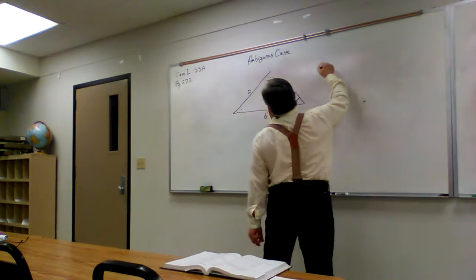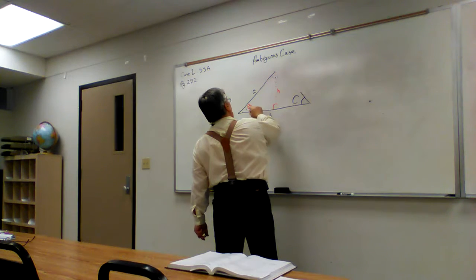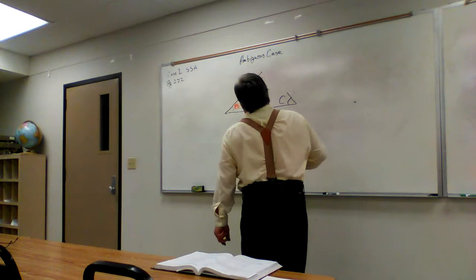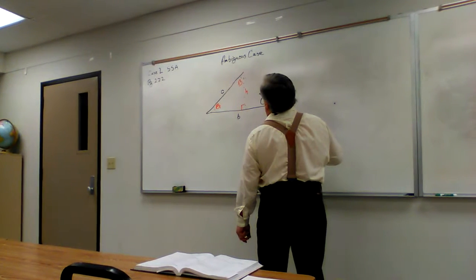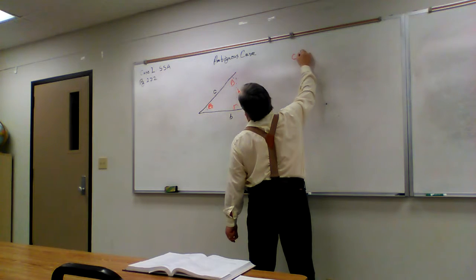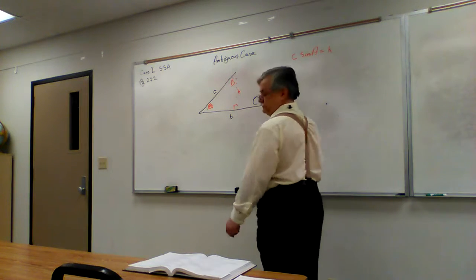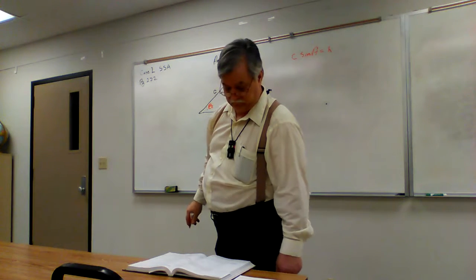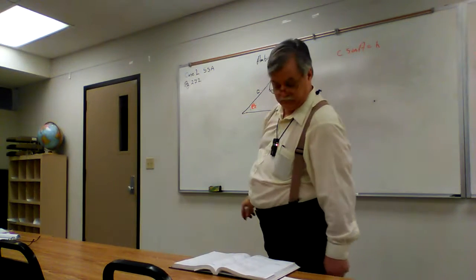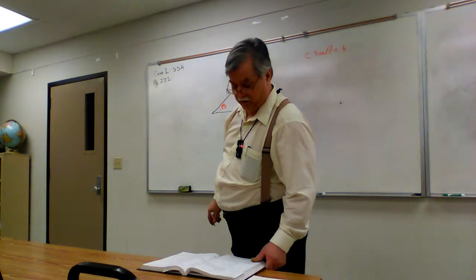And we know that this is angle A that's unknown. This is angle B that's unknown. We know that C times the sine of A must equal H. Yeah, they swapped letters on me here, so bear with me.